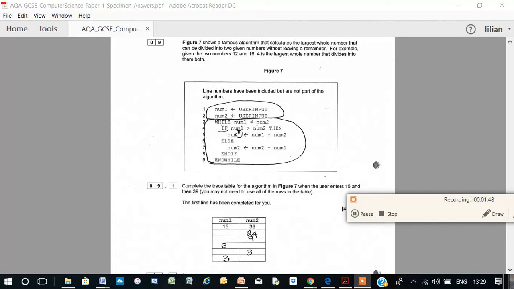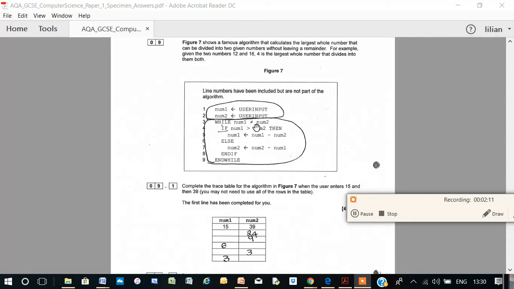And is num1 greater than num2? Well, it is not greater, is it? So do not execute line 5, go to line 7. So num2 is equal to num2 minus num1. 39 minus 15 is 24. Go round the loop again.